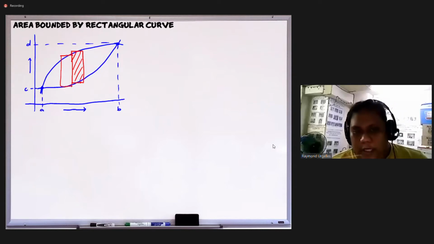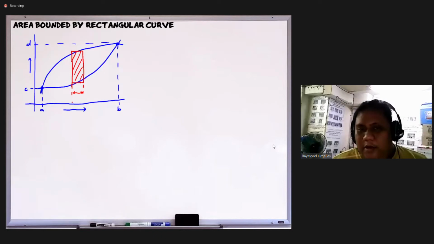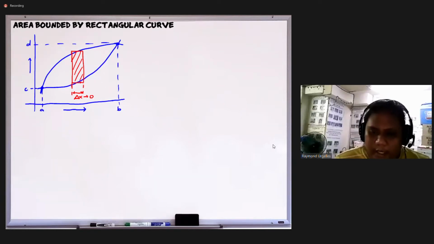So let's consider, for example, this rectangle here. Yung thickness nito, makikita natin is along the x direction, along the x-axis. Therefore, this is delta x. Pag in-approach natin to kay 0, pag pinaliit natin yung delta x, yung delta x natin will approach dx.